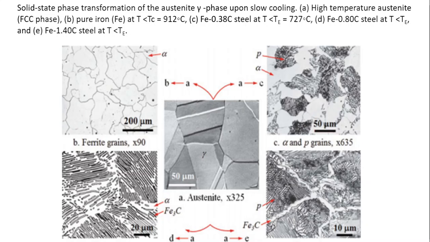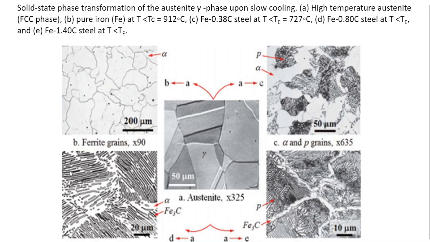Then if you have a eutectoid composition of carbon, so in a plain carbon steel having 0.8% carbon at a temperature less than the eutectoid temperature, what will happen is you will see the laminar arrangement of the perlite.